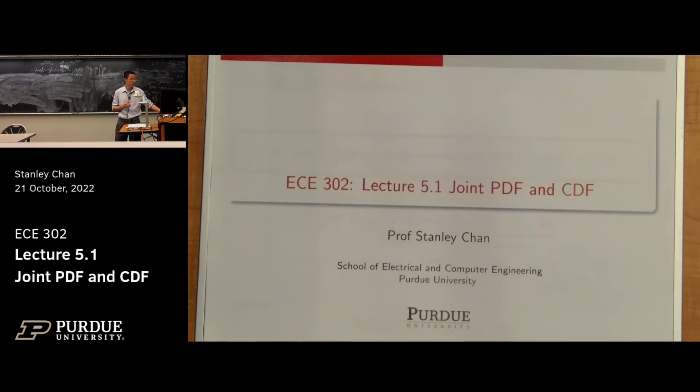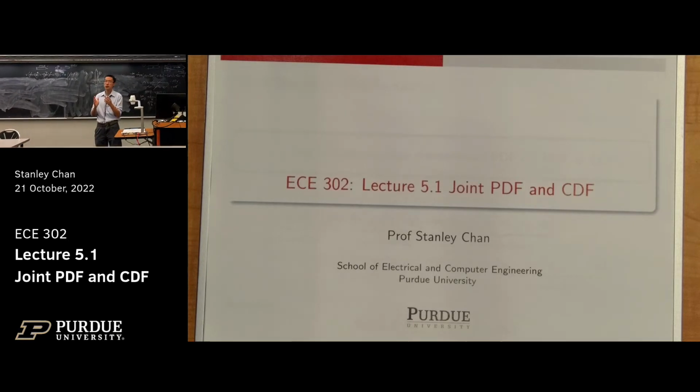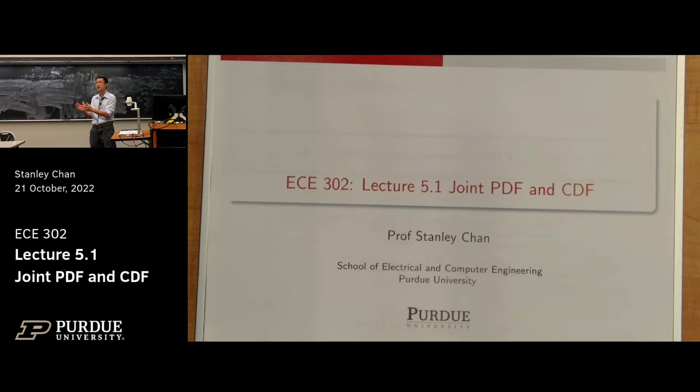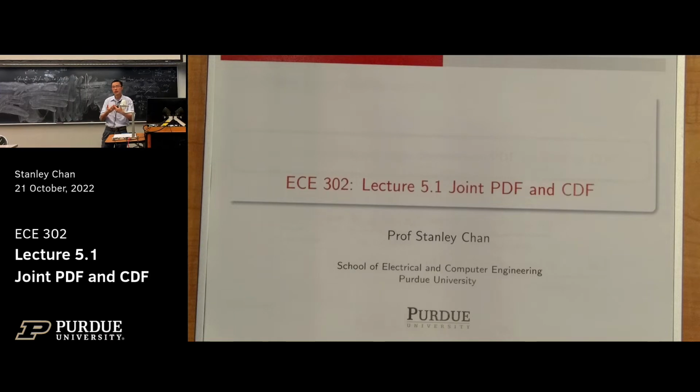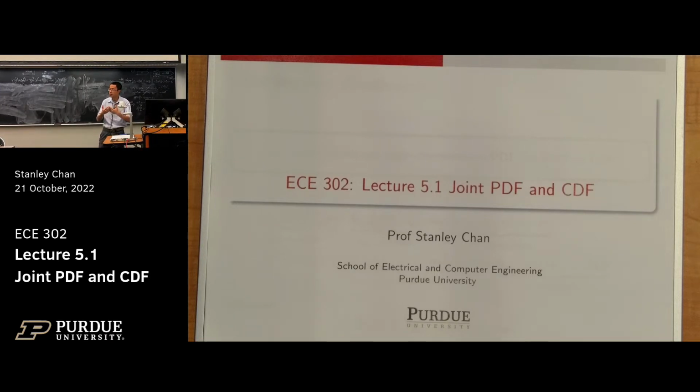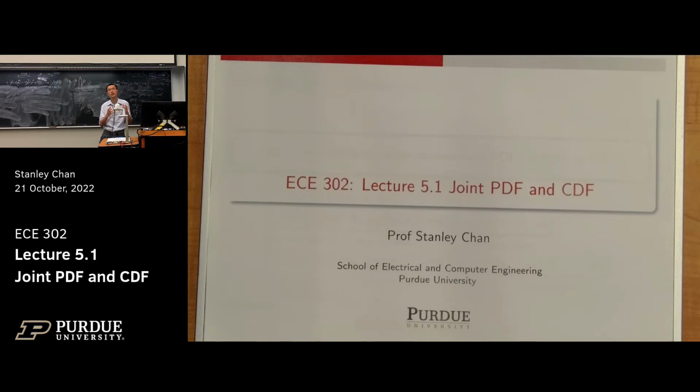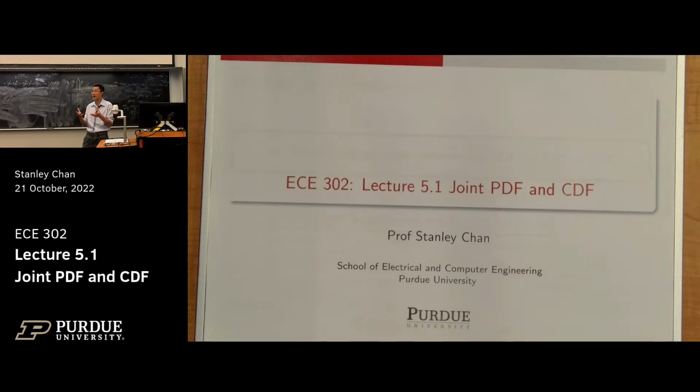So what is this all about? We have been talking about single random variables, discrete or continuous. And now is the time to look at things together. I would say this is really another core spirit of this class. One random variable is useful from the modeling perspective.